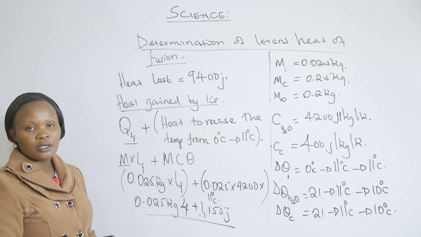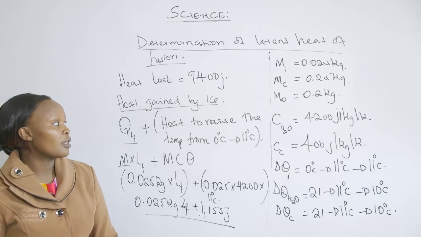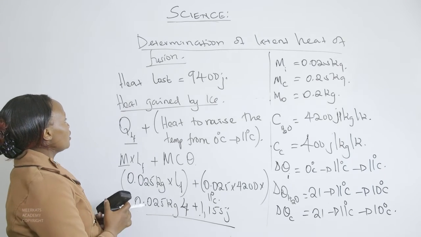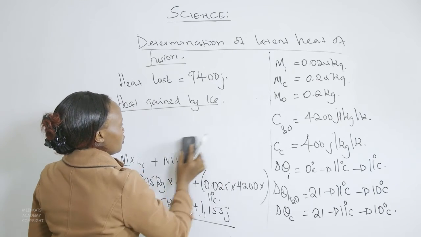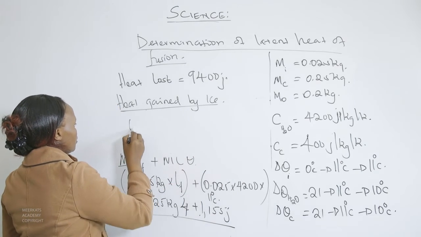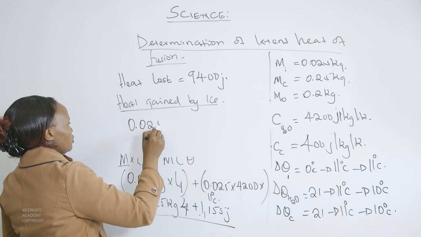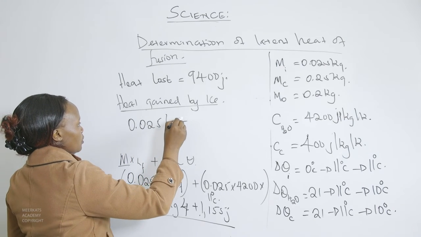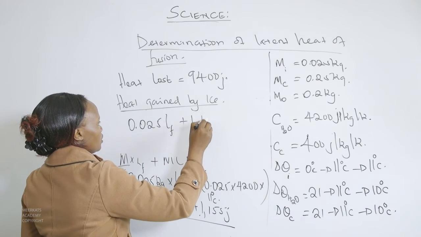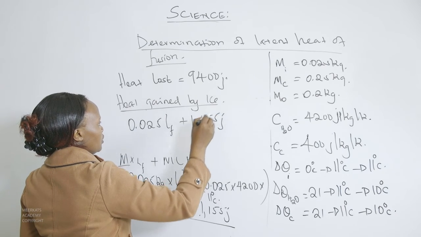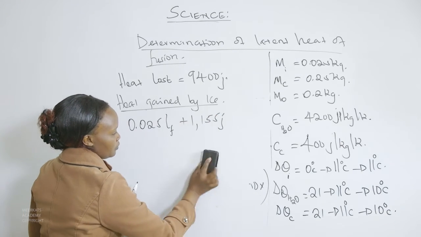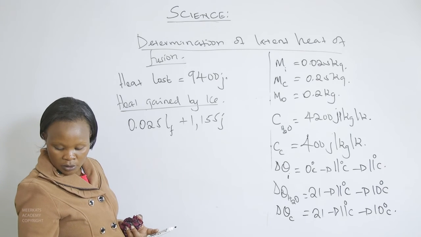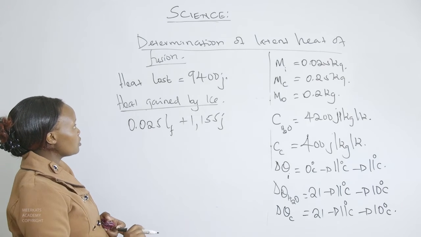Now this gives us the total of the heat that our ice gains. So here the heat gained is equal to 0.025 times latent heat plus 1155 joules.